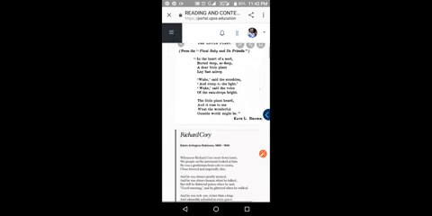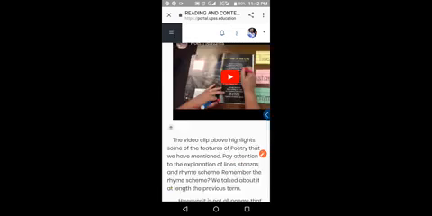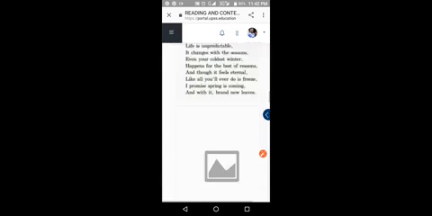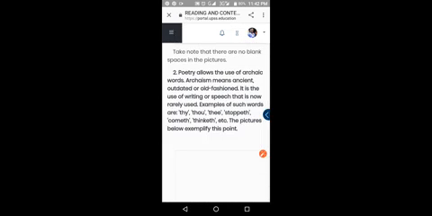And another feature of poetry is that poetry allows the use of archaic words. And what did we say is archaism? We defined archaism as the use of ancient words or outdated or old-fashioned words. Words like that today can only be found in the Bible.